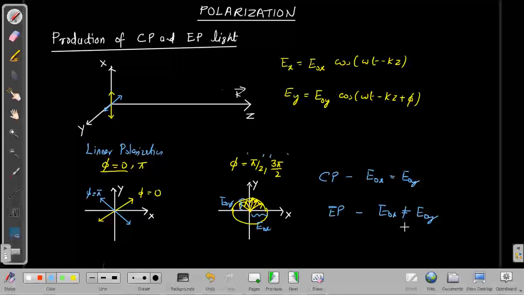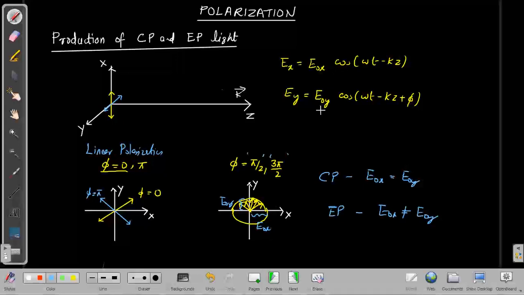Now we can discuss how we can produce it. In order to produce such light, we can use the quarter wave plate, because we know that the quarter wave plate can produce a path difference of lambda by 4 and a phase difference of pi by 2.